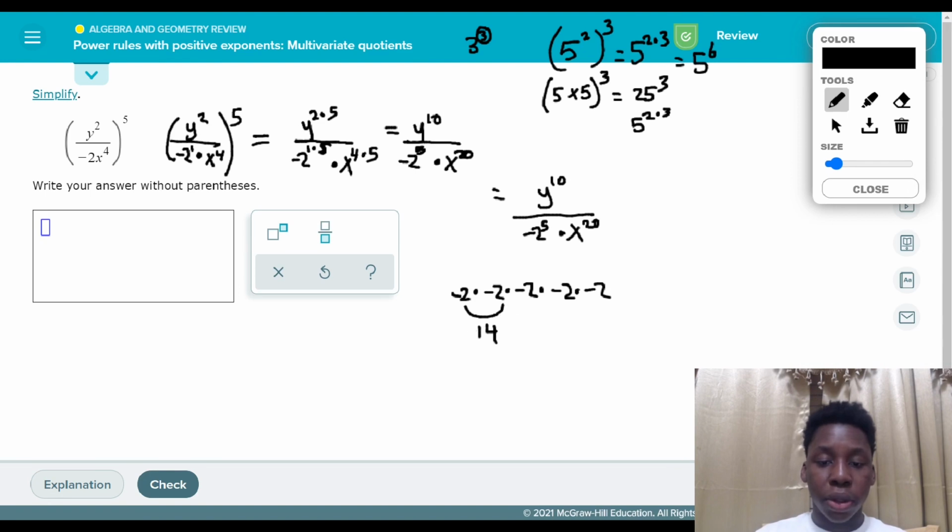Because when minus and minus multiply, it gives us a positive 4. And when a positive and negative multiply, that gives us a negative in return. So this is a positive 4 times a negative 2, so that gives us a negative 8, right? Okay, so a negative 8 times negative 2. Remember, negative times negative is a positive, right?